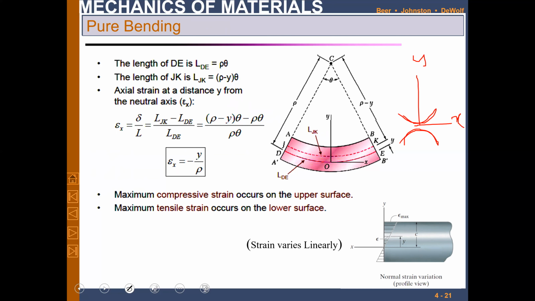So doing all the mathematics, we end up with epsilon x equals minus y over rho. Rho is basically the radius of the curvature, this one, and y is the distance from the neutral axis, right?